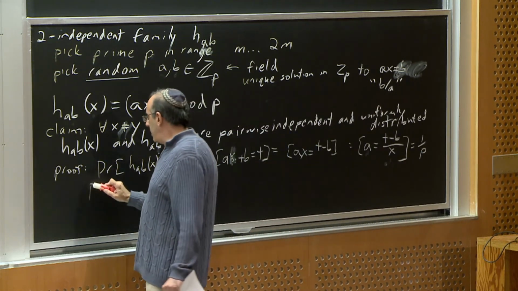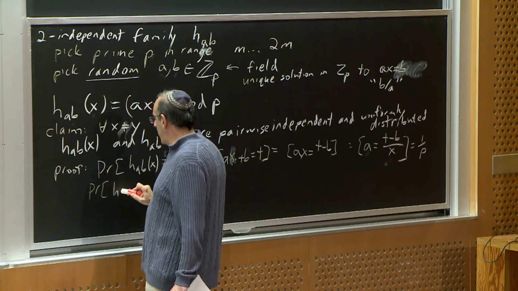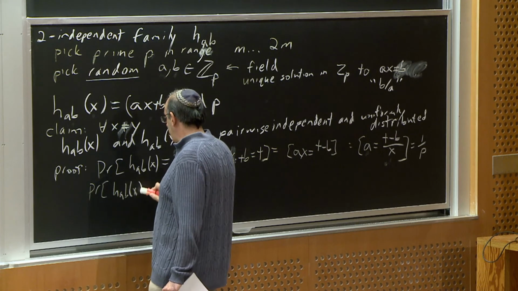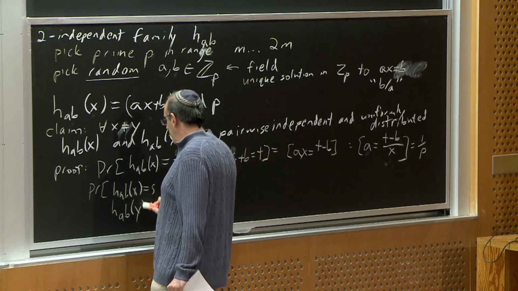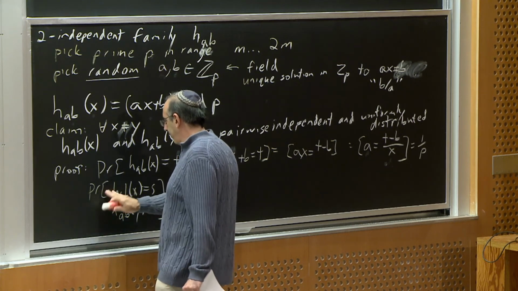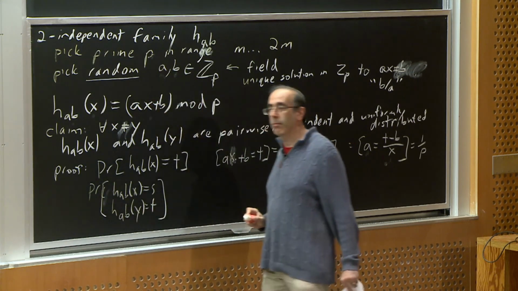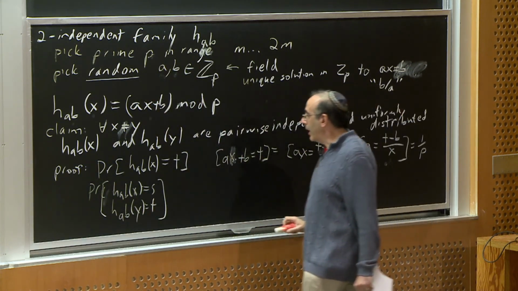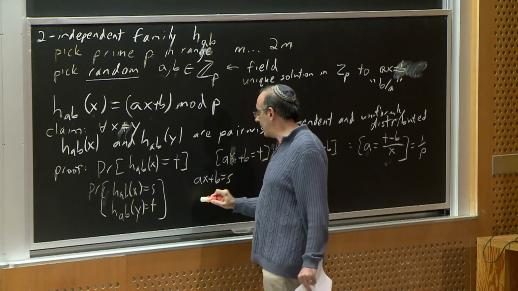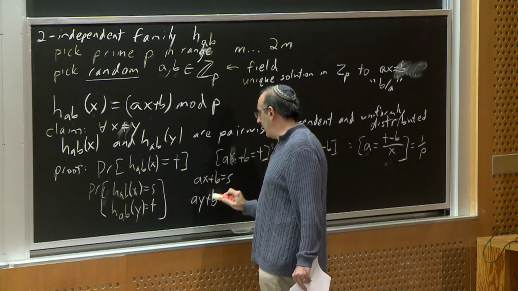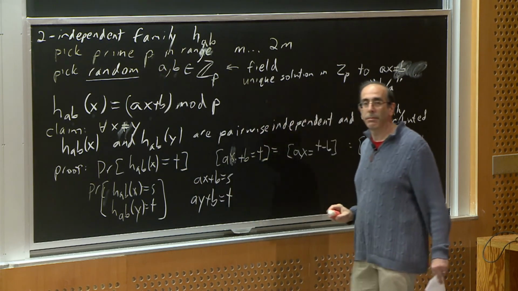Now, the other thing that we need to check is the probability that HAB of x is equal to some s, and HAB of y is equal to some t. So again, we can do the math. This requires that ax plus b is equal to s, and ay plus b is equal to t.